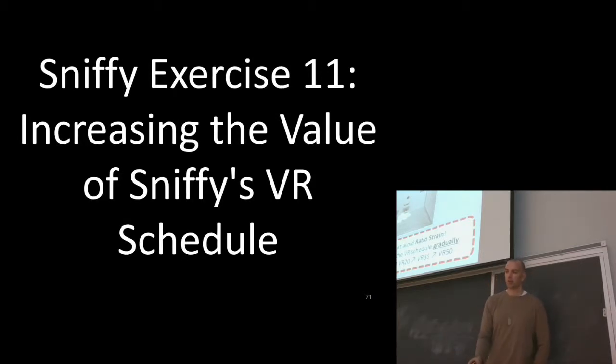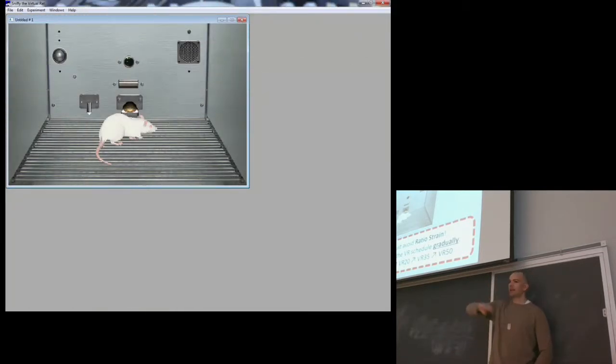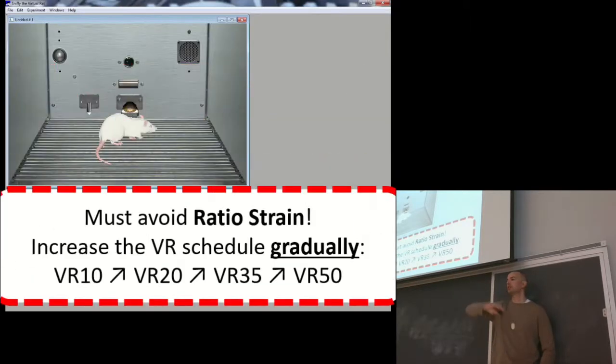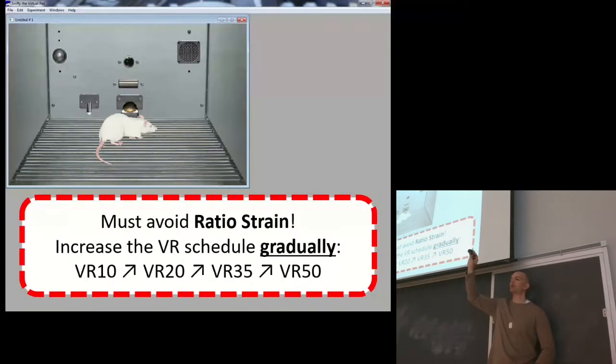And for full points, once again, you have to get up to 50. And for full points, do it gradually. So once again, take Sniffy from a variable ratio of 5 to a variable ratio of 10. Once you get that stable pattern of continuous rapid responding with no post-reinforcement pauses, take them up to 20. Once it restabilizes, take them up to 35 until you get Sniffy all the way up to 50.